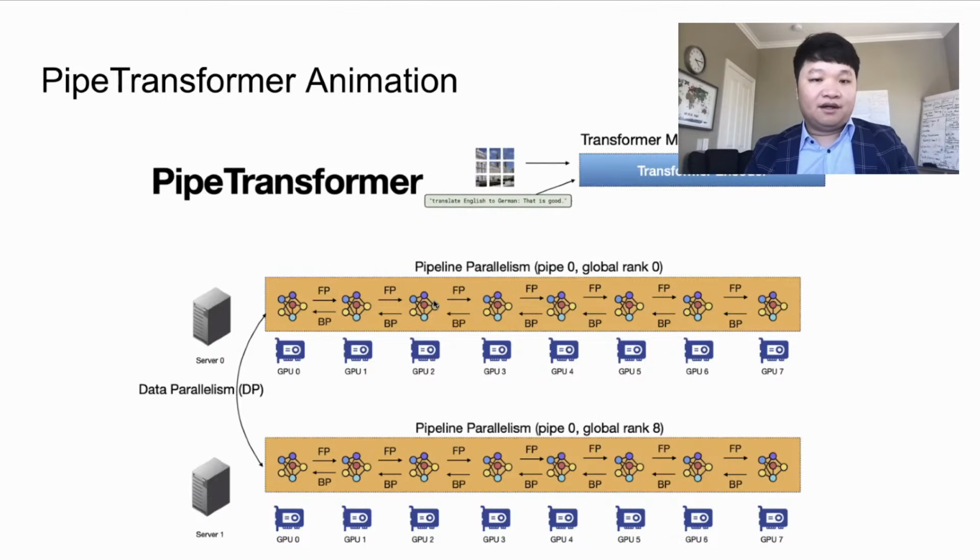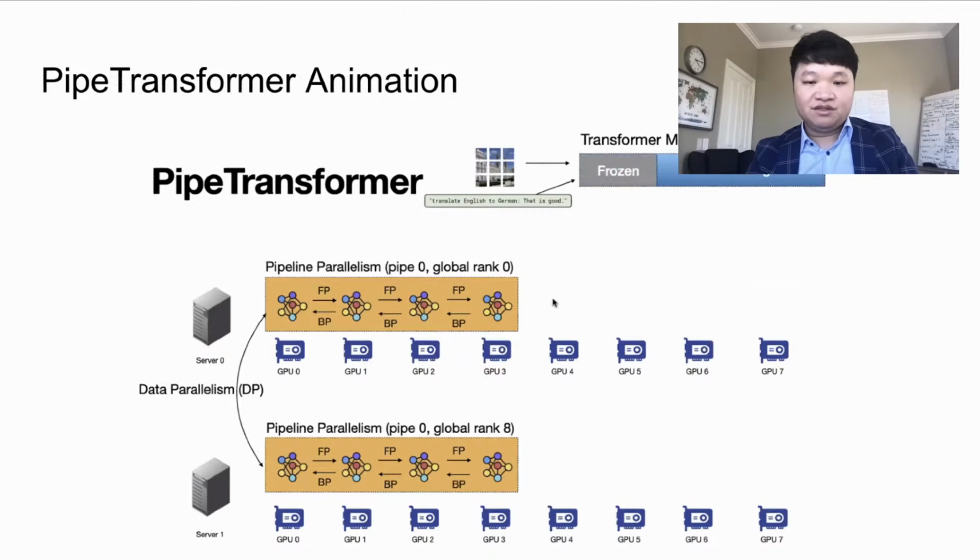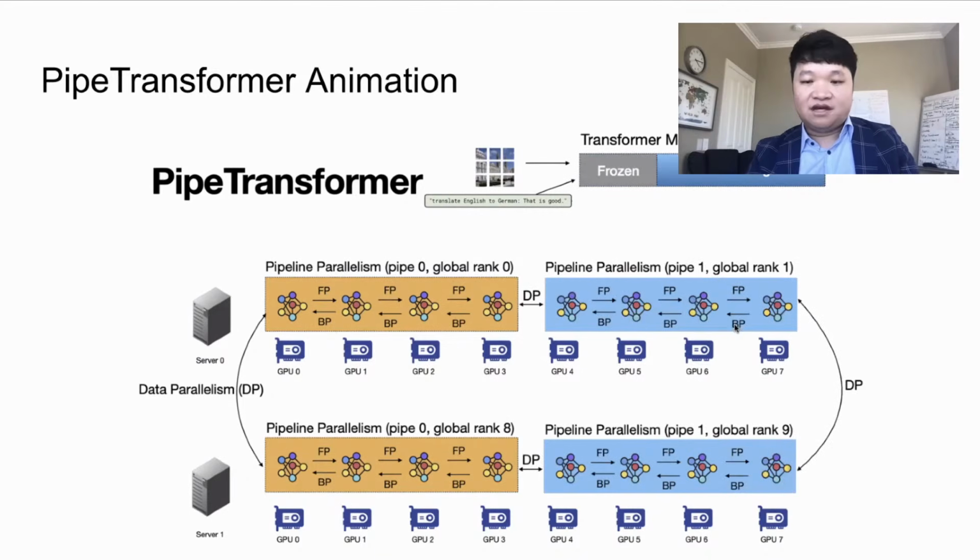To introduce this idea with an animation, I show it using this simple case. We have a pipeline in each machine connected by DP. Once we shrink the pipelines, we have some released GPU devices, and then we can add the blue colors here. This represents new pipelines, and they are connected by DP. So DP has dynamic membership: we can join and quit from the DP.